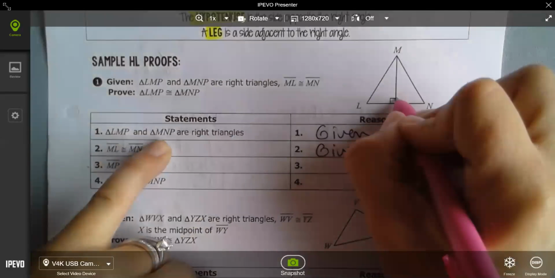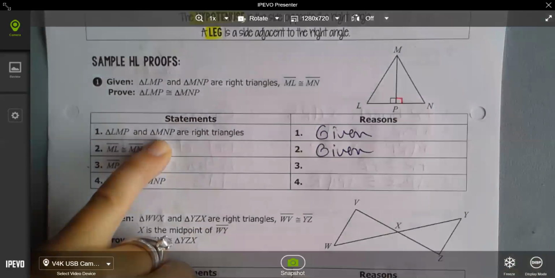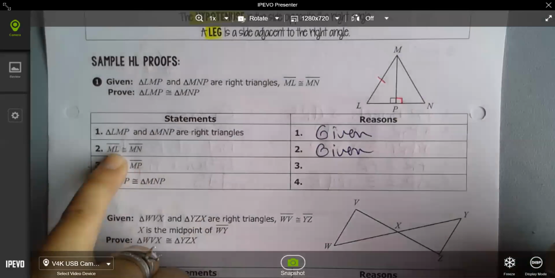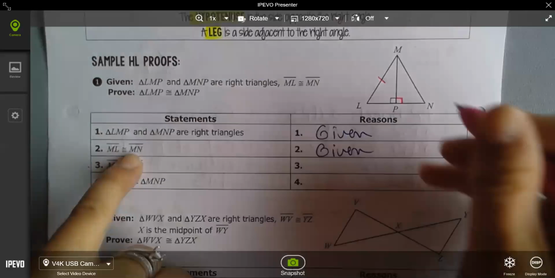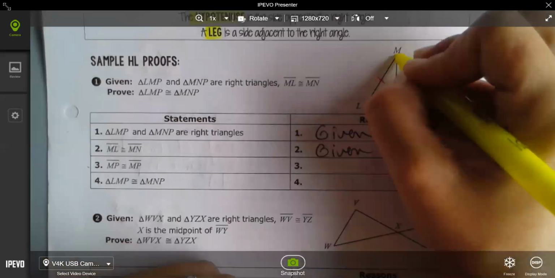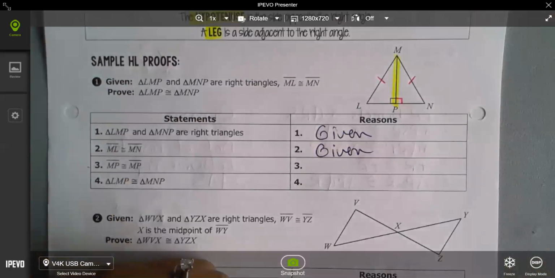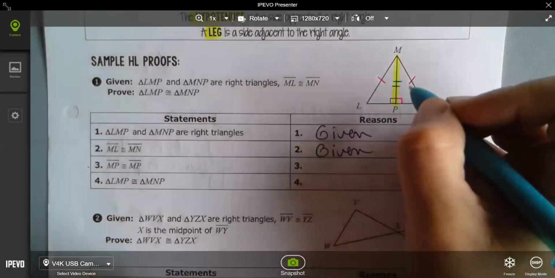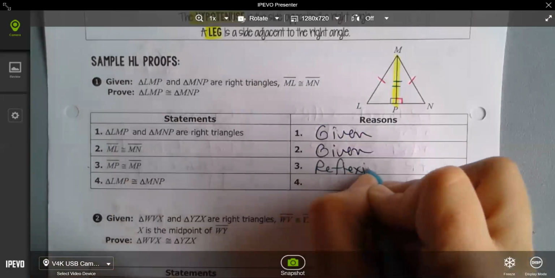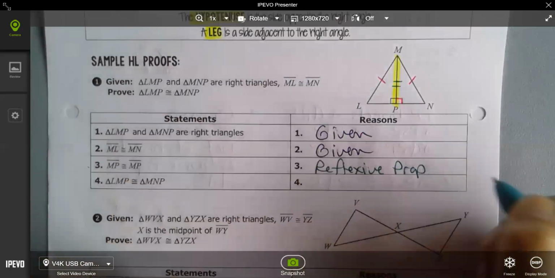NMP is also a right triangle, so I'm going to mark that one. ML is congruent to MN, and I'm going to mark that one. Now, do you see right up the middle? They are sharing this side length, which means that MP is congruent to MP. That is the reflexive property.